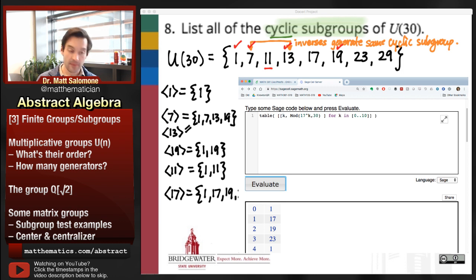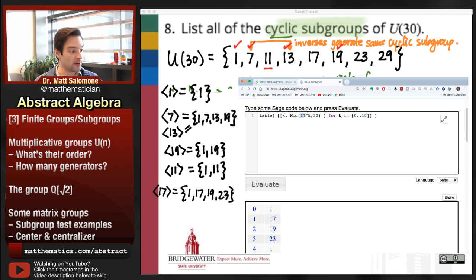And we can reasonably expect that that will remain the case for the cyclic subgroup generated by whatever the inverse of 17 is in this group. I don't off the top of my head know what the inverse of 17 is, but we can just forge ahead here. Well, we know it's not going to be 19. We've already taken care of 19 over here, so it must be 23.